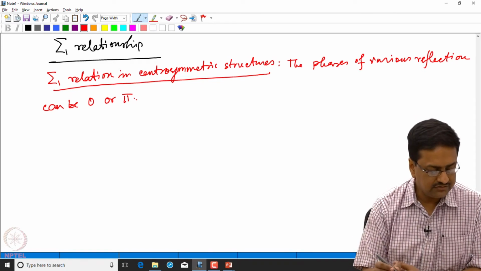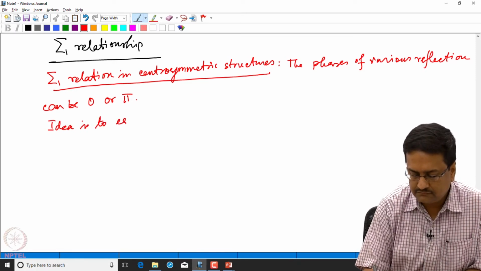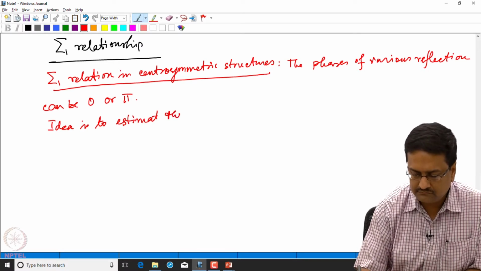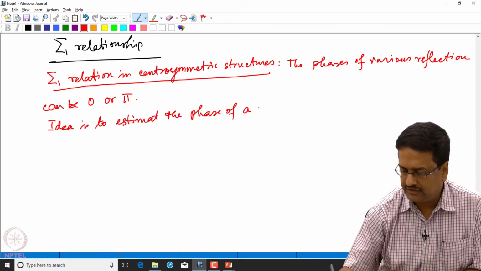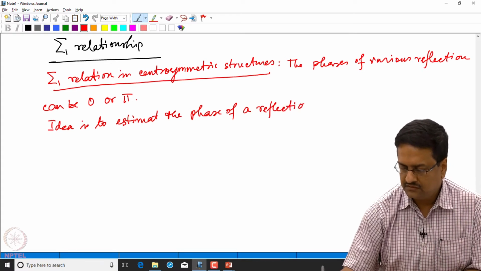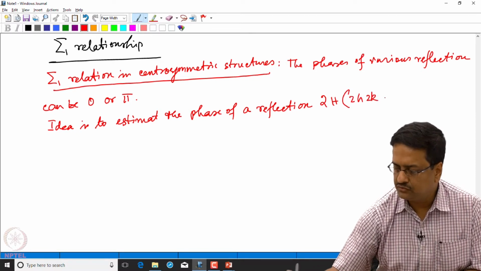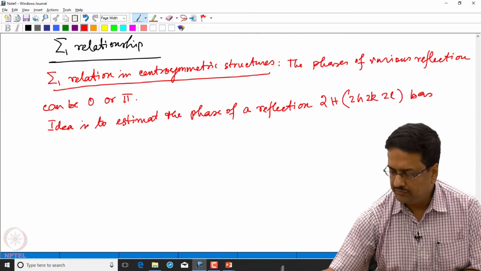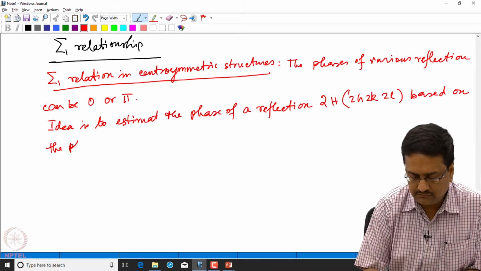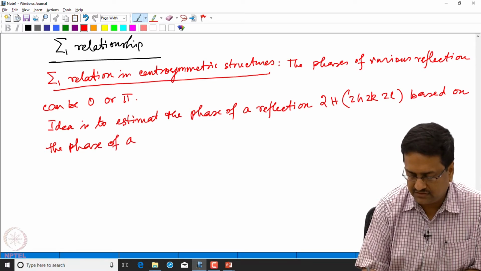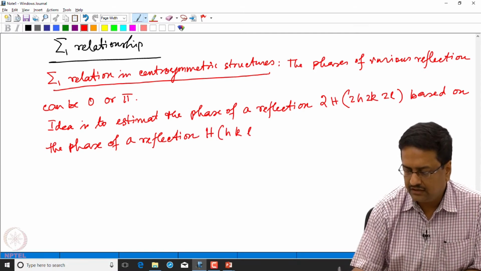So the idea is to estimate the phase of a reflection 2h, which means 2h, 2k, 2l, based on the phase of reflection h, which means hkl.